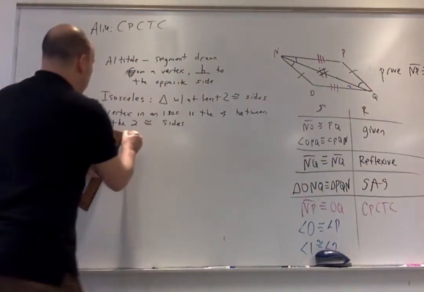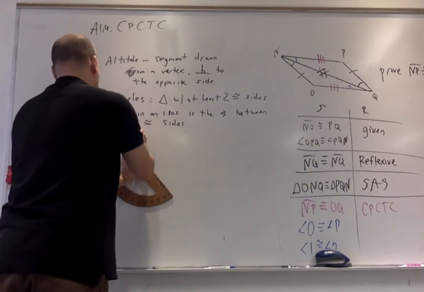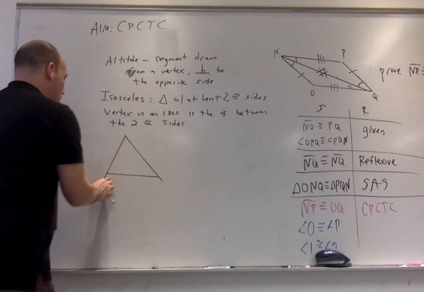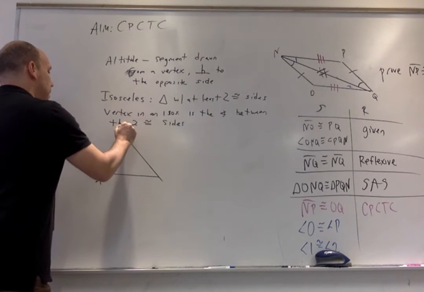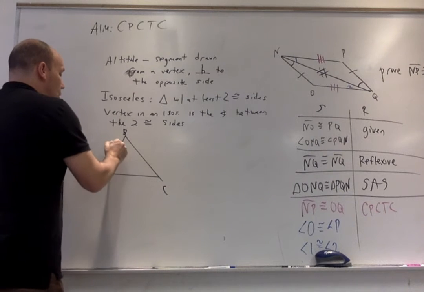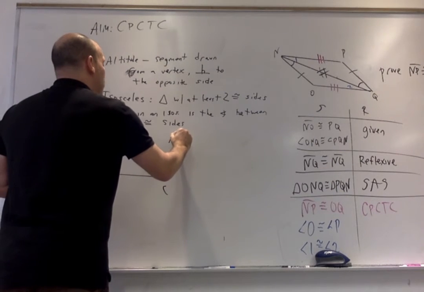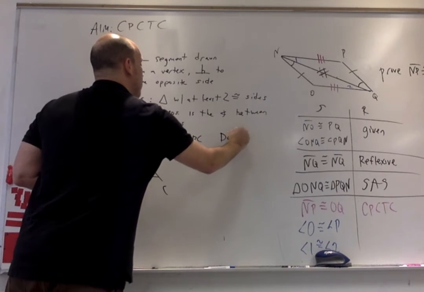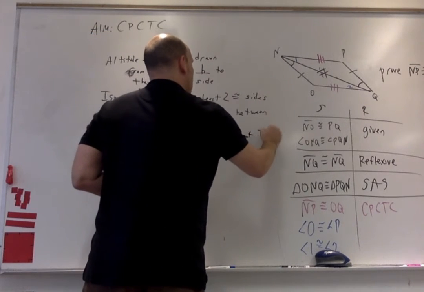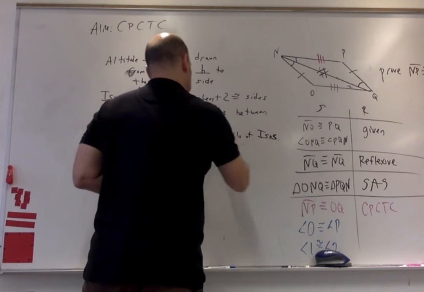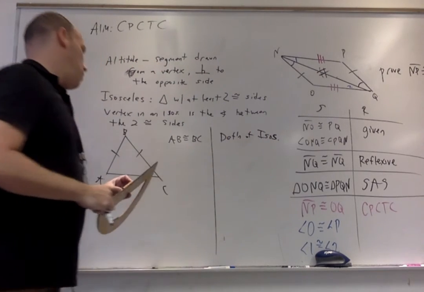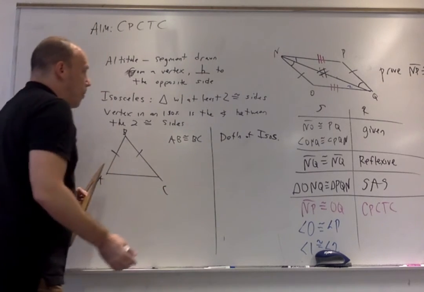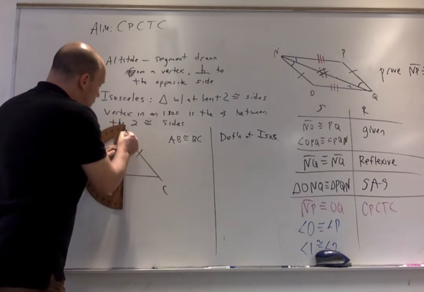So we kind of know what an isosceles triangle looks like. We know that if we say that ABC is isosceles, we can claim at least AB is congruent to BC. Definition of isosceles. Well, we talk about an altitude drawn from the vertex.